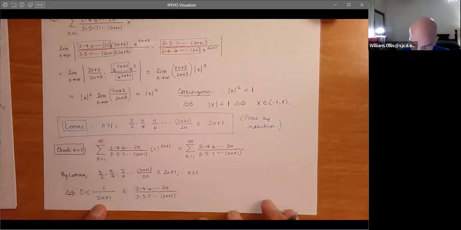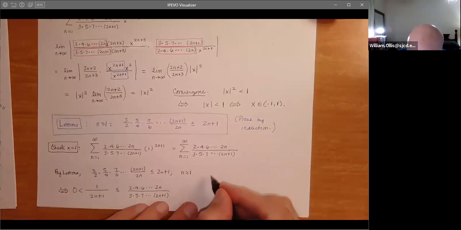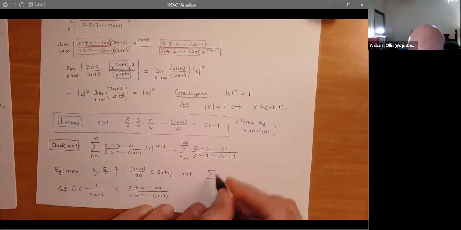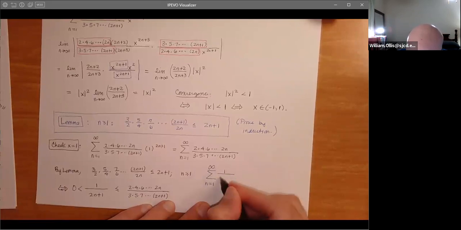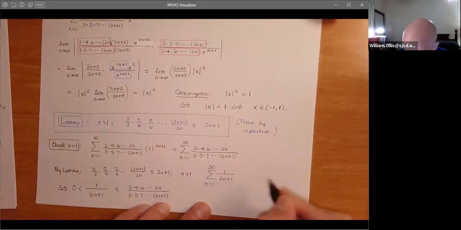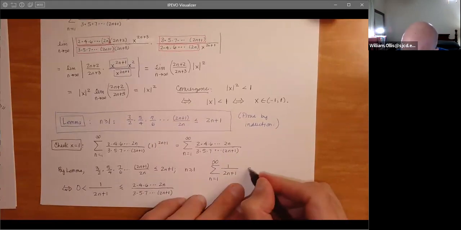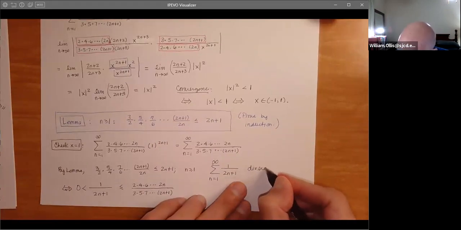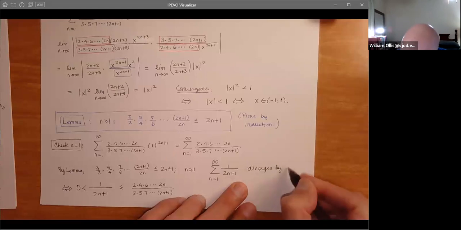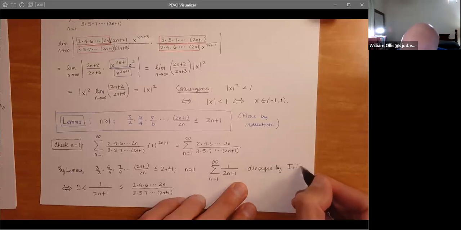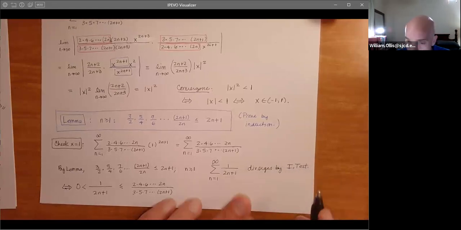Now we observe the following. This series, n equals 1 to infinity, 1 over 2n plus 1, and we've done this a million times, diverges by the integral test. And that's an easy proof. We've done problems like this many times.